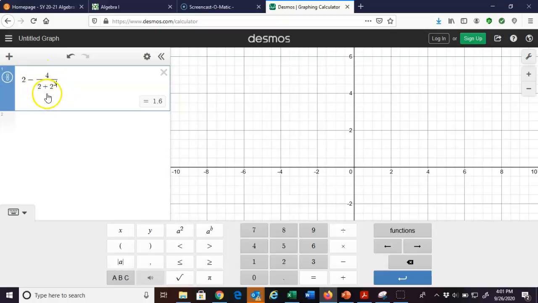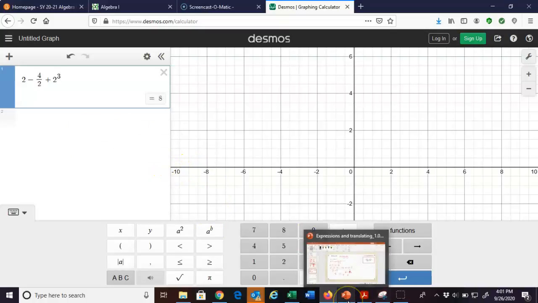And that's not what we have, right? So be careful when you're entering the values into the calculator. See, my cursor is stuck there in the denominator by the 2. It's blinking. So I'm going to arrow over to get it up there to the regular line. Then we'll add 2 cubed. So be careful. Don't go too fast. Make sure you're entering it in the proper way as it's shown on the paper.